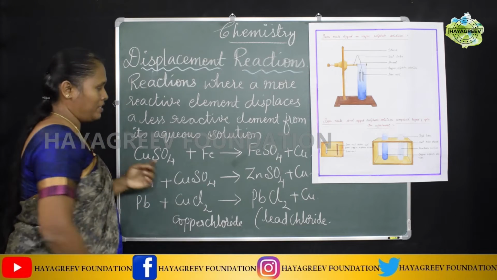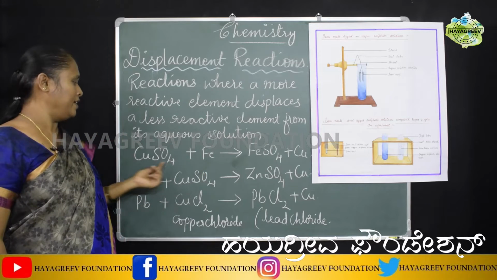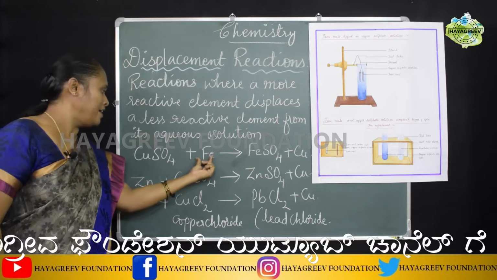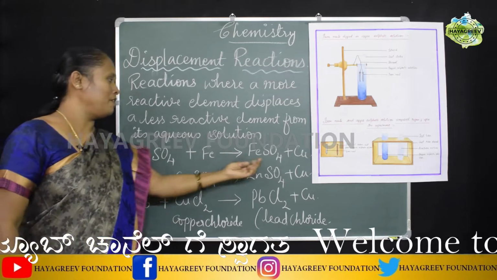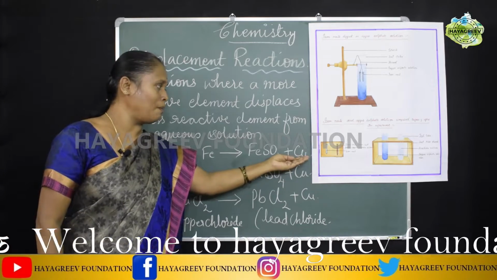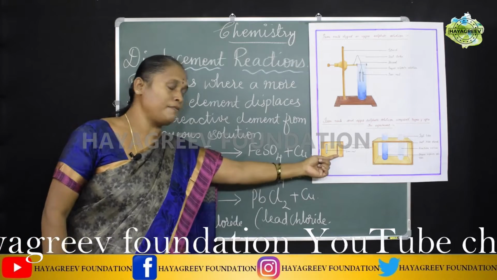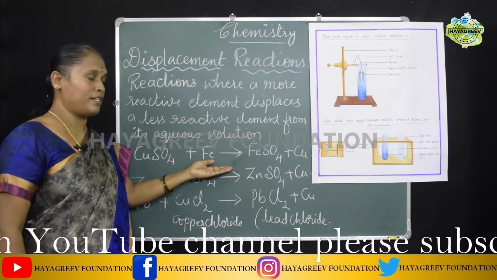This iron, which is a more reactive element, displaced copper from copper sulfate. Taking its place, iron took the place of copper in copper sulfate and formed ferrous sulfate. The displaced copper settled on this nail, giving its characteristic reddish brown color. This is what is termed a displacement reaction.